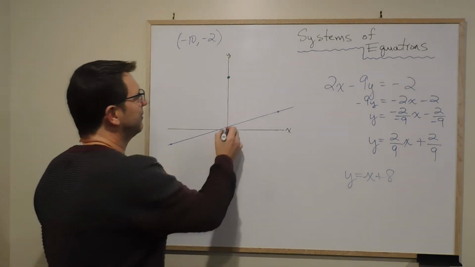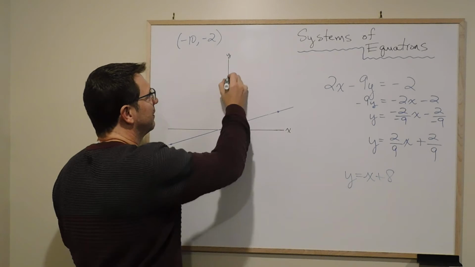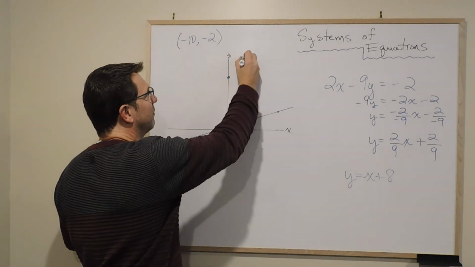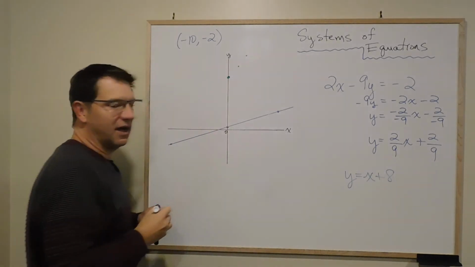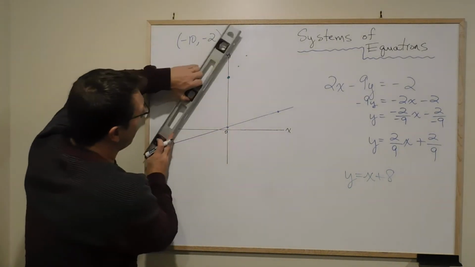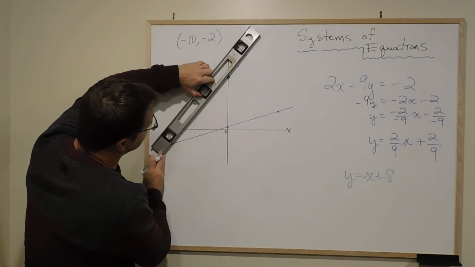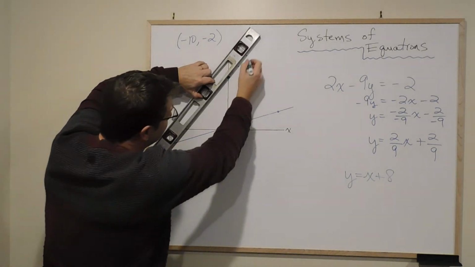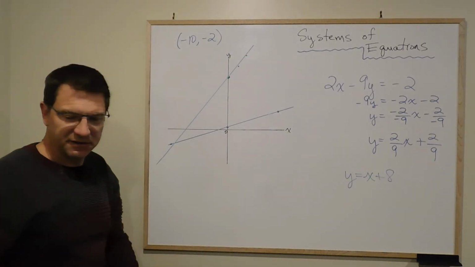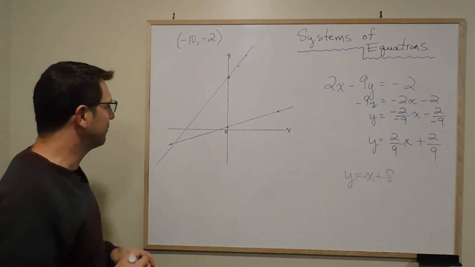So instead of 2 over 9, we're like 1 over 1, we're here. And if I graph that one, it's going to just barely cross back here somewhere.